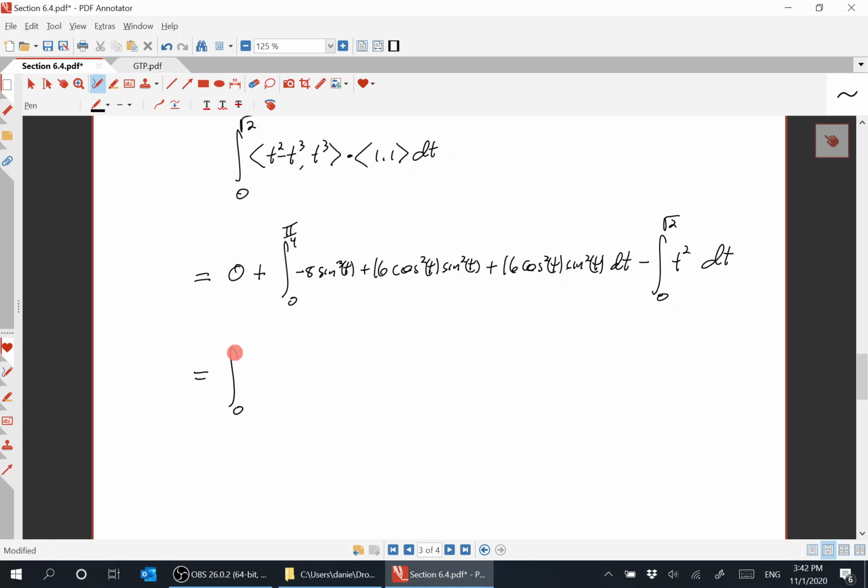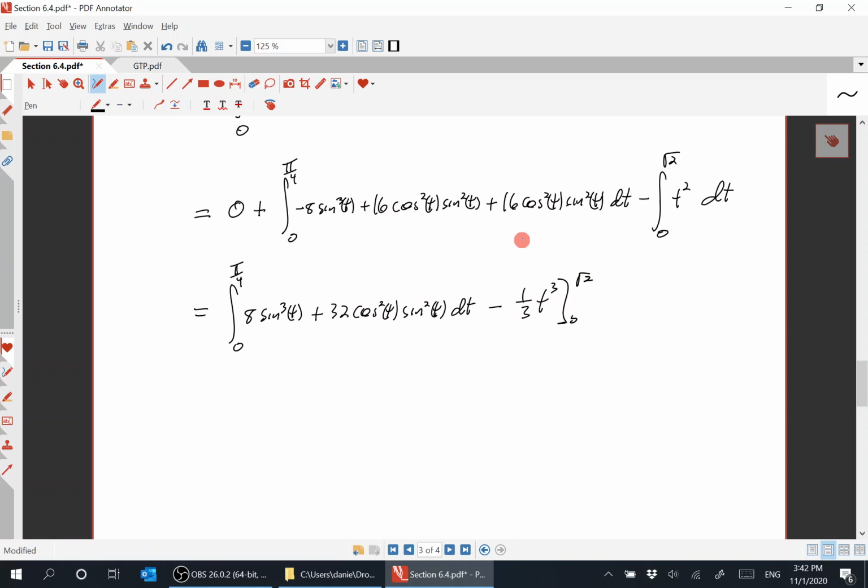So we have the integral from 0 to pi over 4 of 8 sine to the third t plus 32 cosine squared t sine squared t dt, minus, well, this is 1/3 t to the third from 0 to root 2.